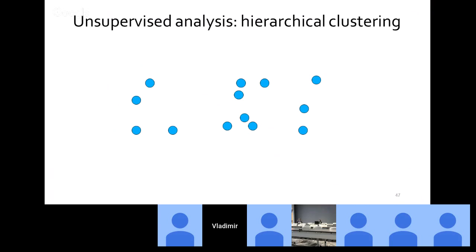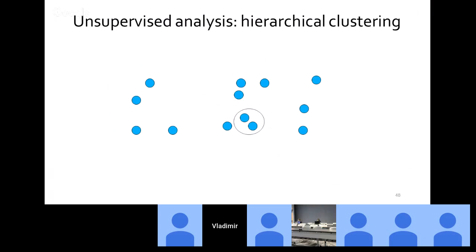So we can use a bottom-up strategy and start with a state in which each sample is a separate cluster. Then we simply find 2 samples that are most similar to each other, and the similarity is determined by the metric, the distance function we specify.